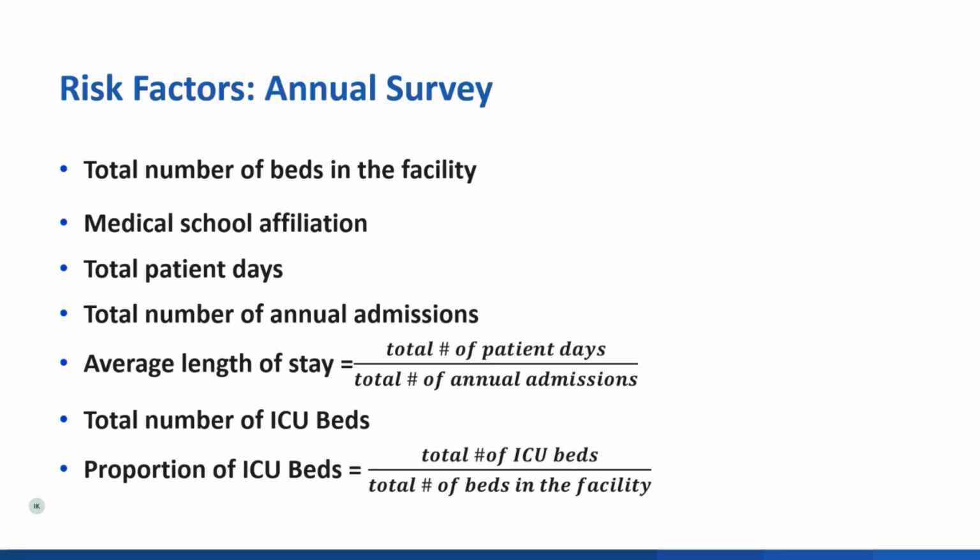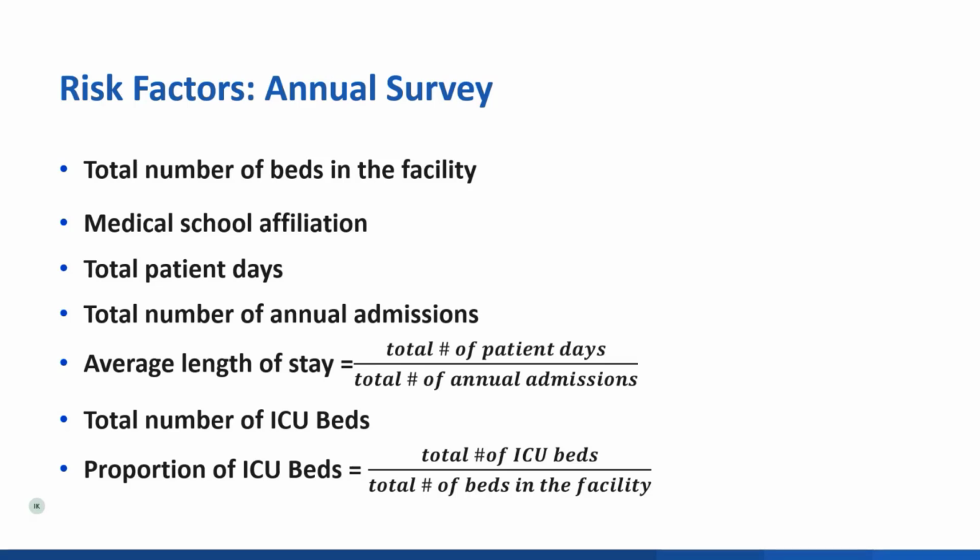First is the total number of beds in the facility, which helps reflect the facility's size and capacity. Next is whether the hospital has a medical school affiliation. Total patient days and total number of annual admissions are both used to calculate important exposure measures, including average length of stay. That's calculated by dividing the total patient days by total admissions, which is an indicator of how long patients typically remain in the facility.